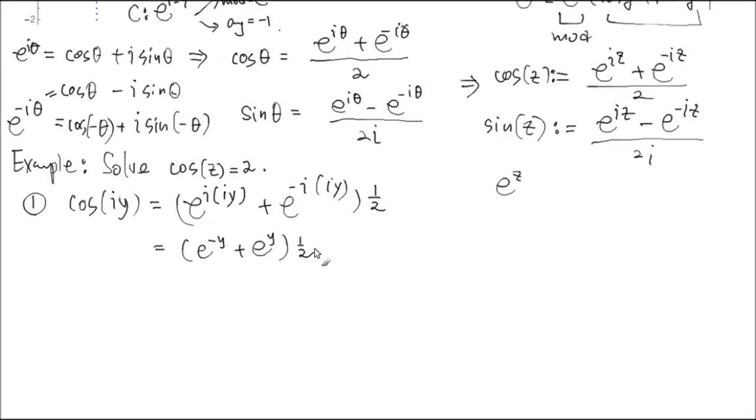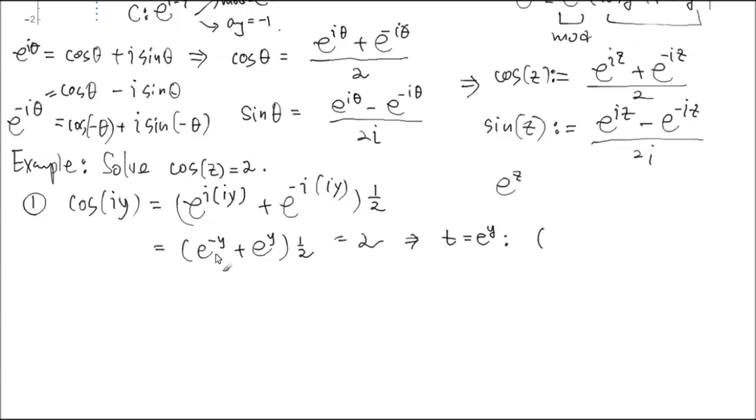Isn't that just a real number? e to the negative y and e to the y are real numbers, right? And we're hoping that this is going to hit what number? 2. You can solve that. Okay, how do you solve this equation? Maybe I'm going to call t equal to e to the y. And do you see this nice equation?